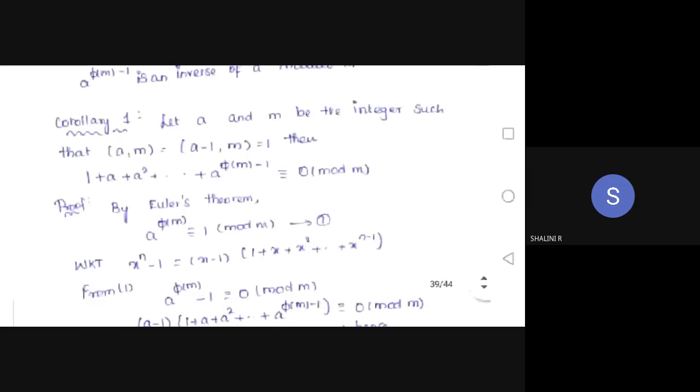Let A and M be positive integers such that the GCD between A and M is 1, and also the GCD between A minus 1 and M is 1. So A is relatively prime to M, and also A minus 1 is relatively prime to M. At that time we are able to write 1 plus A square plus up to A power phi of M minus 1 is congruent to 0 mod M.